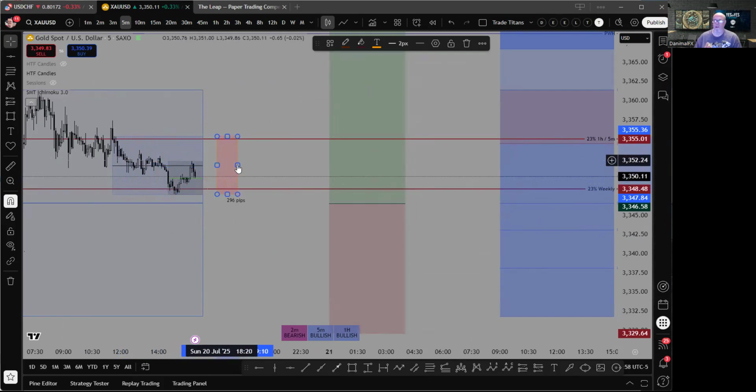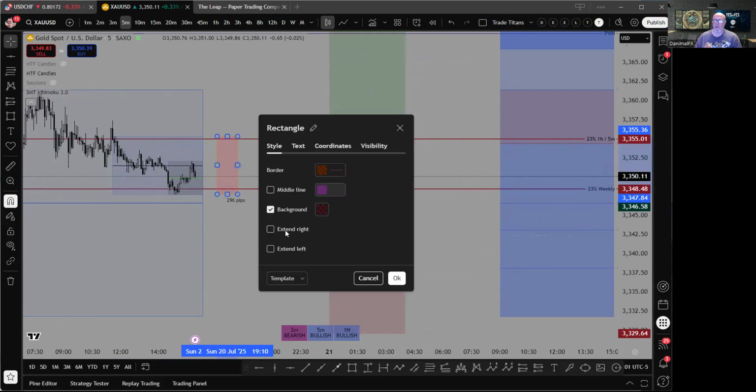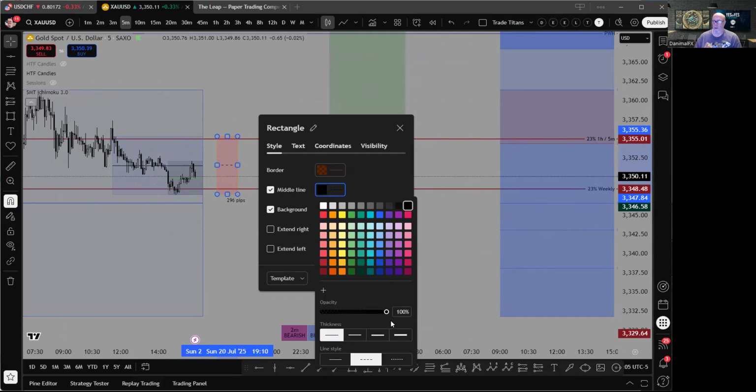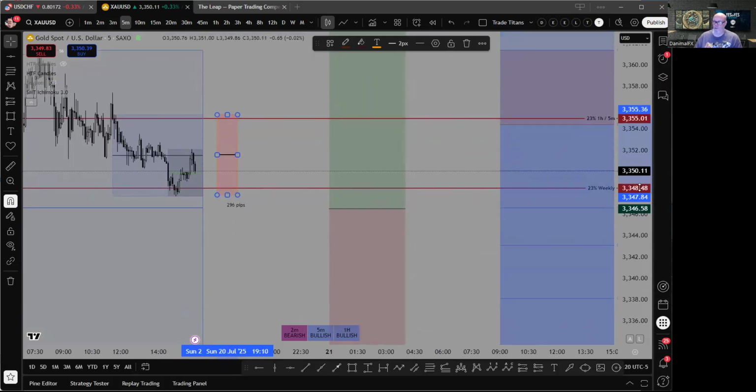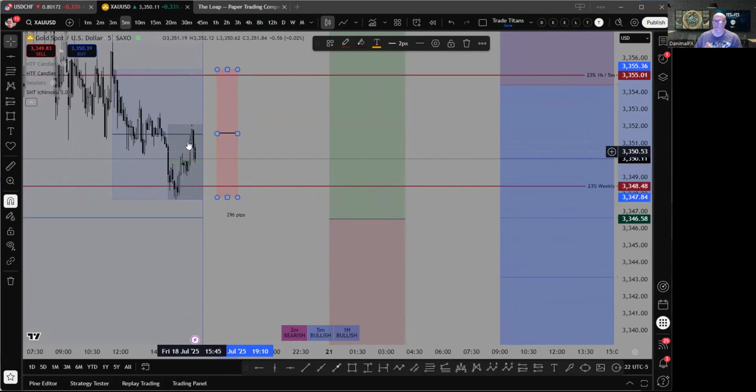Let me put a midpoint on there. So there's the 52 box, even though it's colored blue. And notice also a change of momentum because this one is gray, the 17.